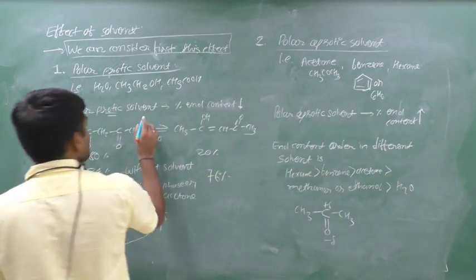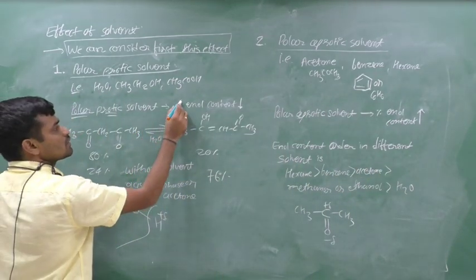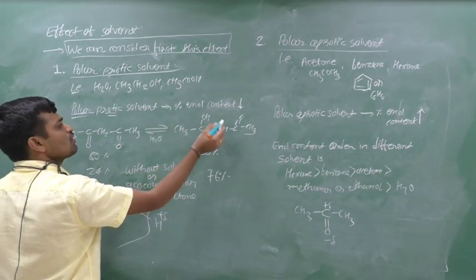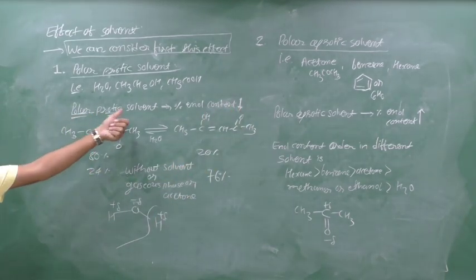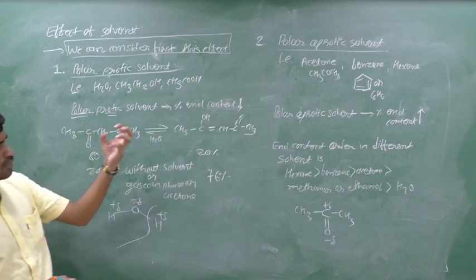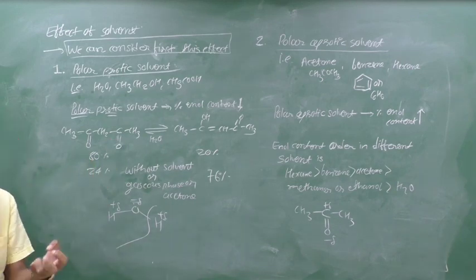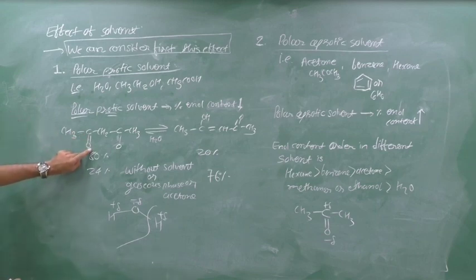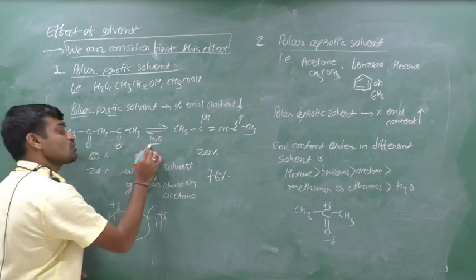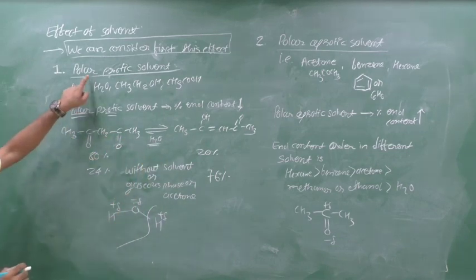Generally in a polar protic solvent the percentage of enol content decreases. Suppose we take the example CH3COCH2COCH3 in the presence of water, which is a polar protic solvent.